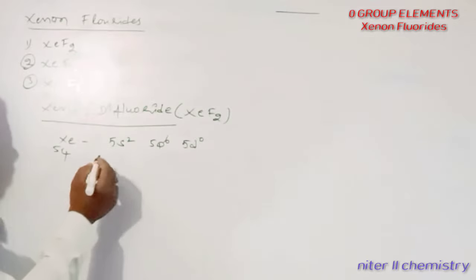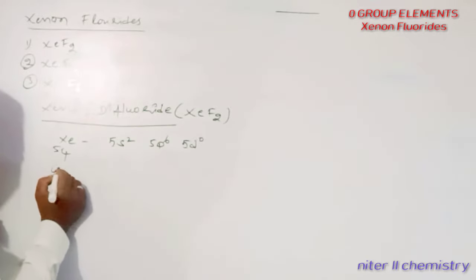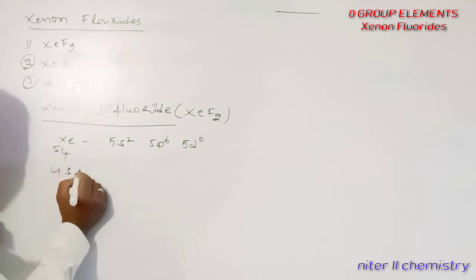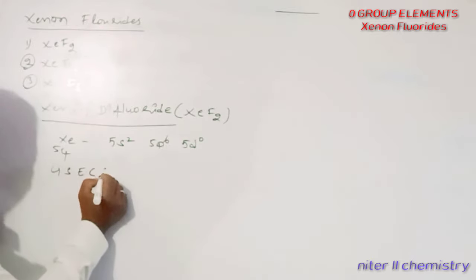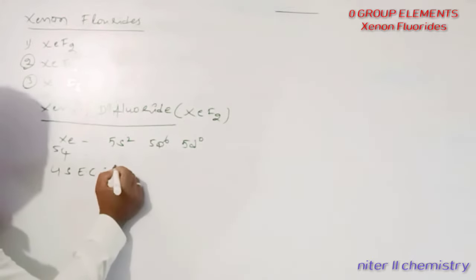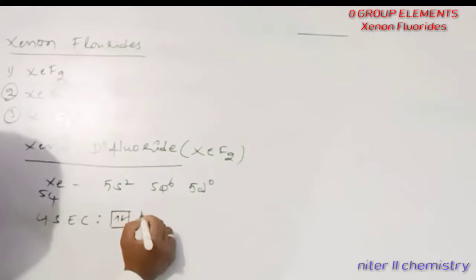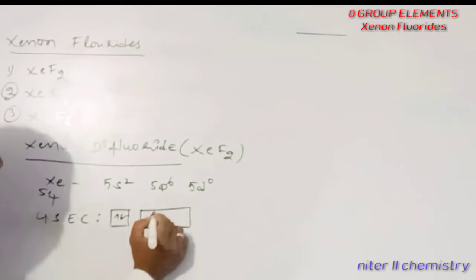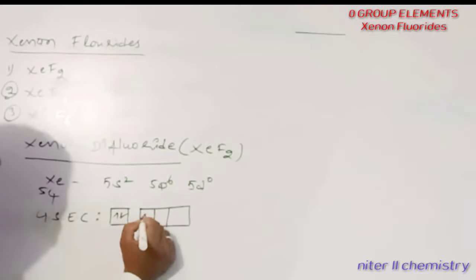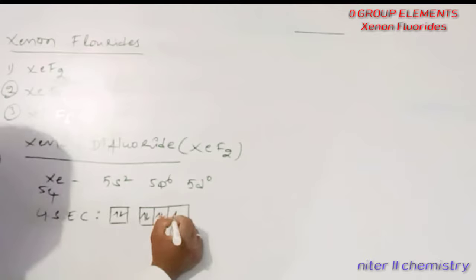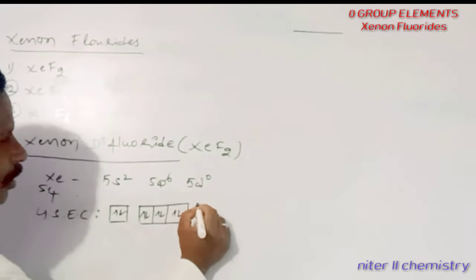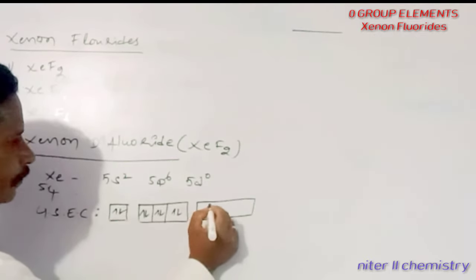Here, in the ground state electron configuration of xenon, we can write 2 electrons in the s orbital and 6 electrons in p orbitals. Then the d orbital is vacant.